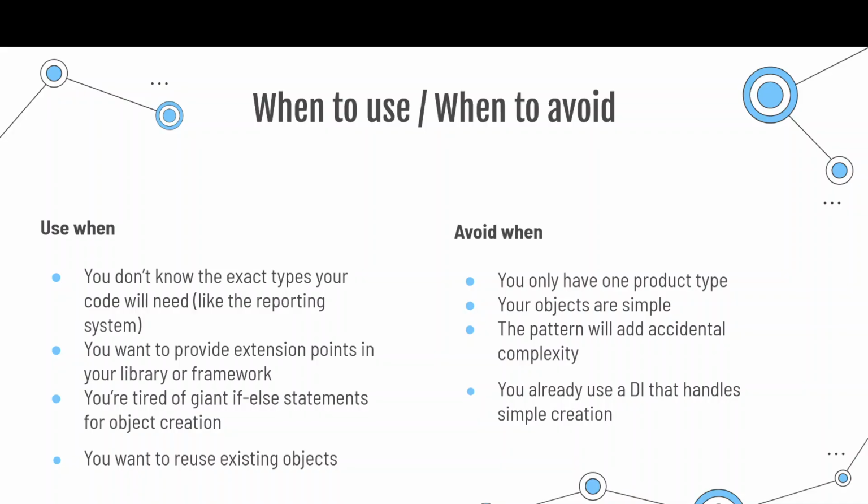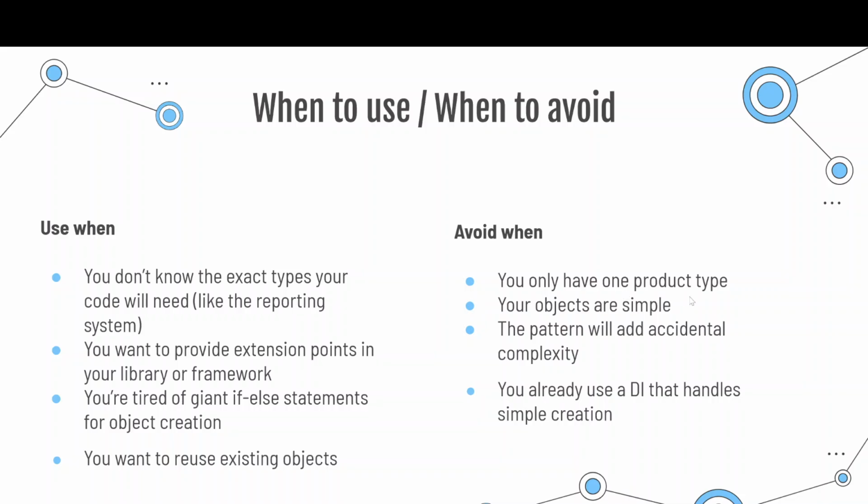When you want to provide extension points in your library or framework, so think about if you are writing a library or framework and you're going to give this to another team or an external team, and you want them to be able to extend your code, right? You should think about using this factory method. If you're tired of giant if else statements for object creation, if the user selects this, then this, you should use the factory method. Or you want to reuse existing objects.